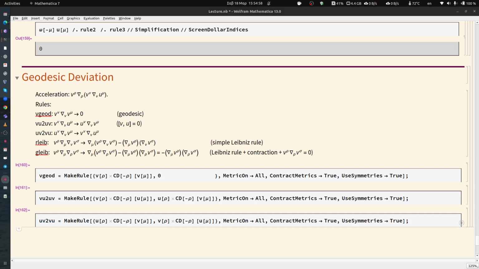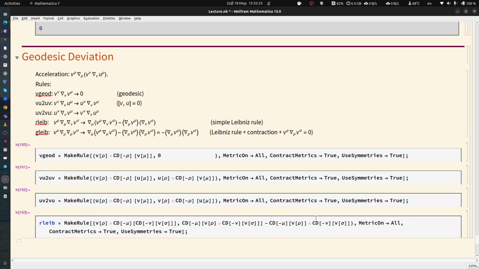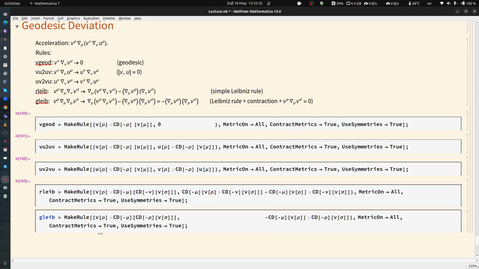And then the Leibniz rules, slightly more complicated here. So we want to replace V ddV by the d of V dV minus dV dV. So that is the left hand side of the rule, and that is the right hand side of the rule. And then the last rule here replaces V ddV by this expression here.